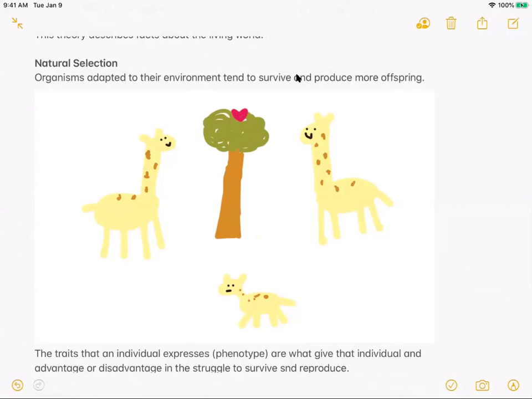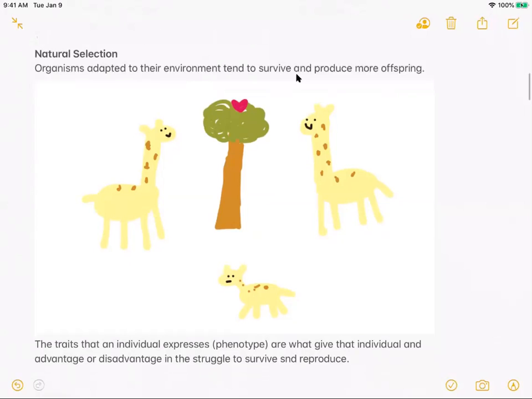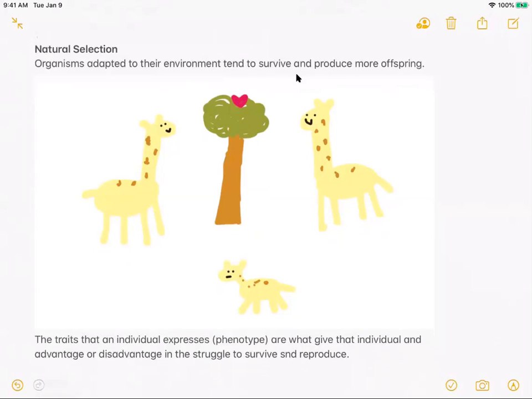So having a longer, stronger neck also helps them attract mates, and thus they're going to create more offspring. Because of natural selection, the giraffes with the longer necks are going to pass on their trait to their offspring so they can survive better.